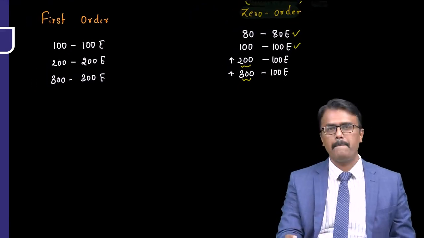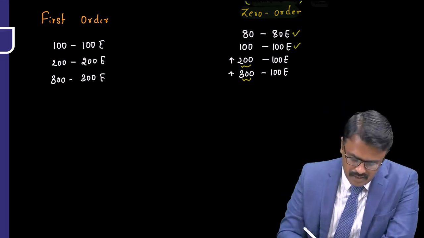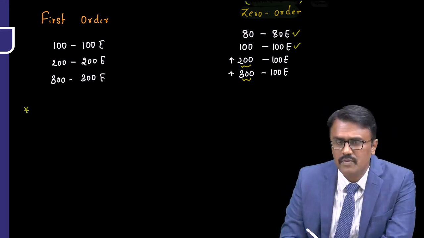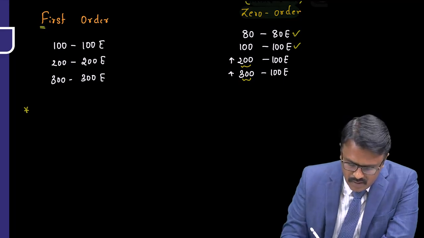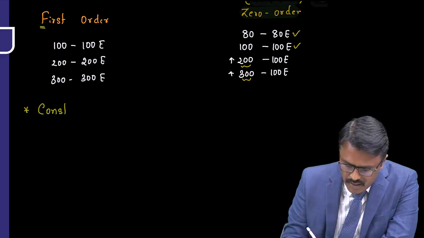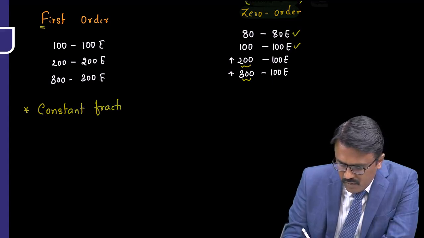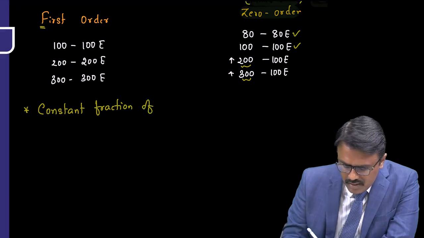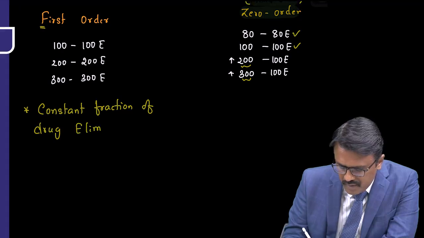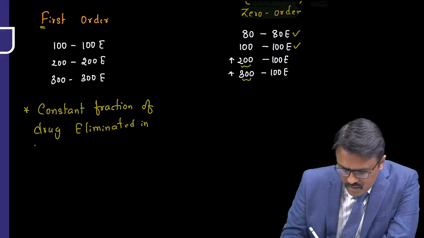Okay, sir, fine. Now first order means, remember this point, first stands for constant fraction of drug eliminated in unit time. Constant fraction of drug eliminated in unit time is called first order.